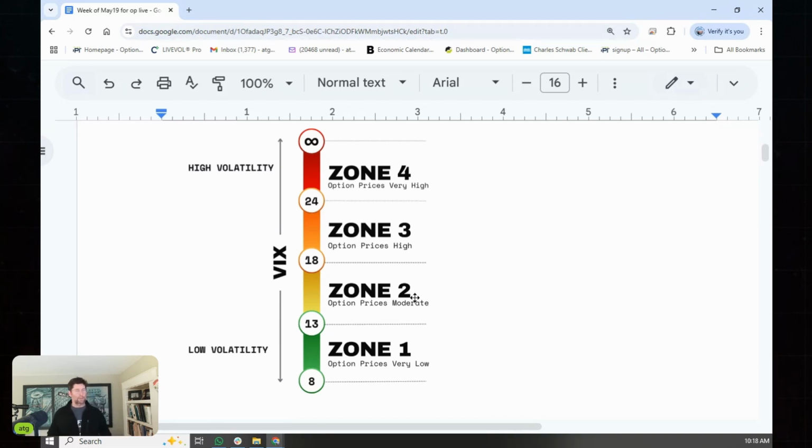Any option trade you want to make is going to be affected whether we're in zone 1, 2, 3, or 4. And in each zone, you actually have an ideal trade, 2 ideal trade types, maybe even 3, depending on the price of the options.